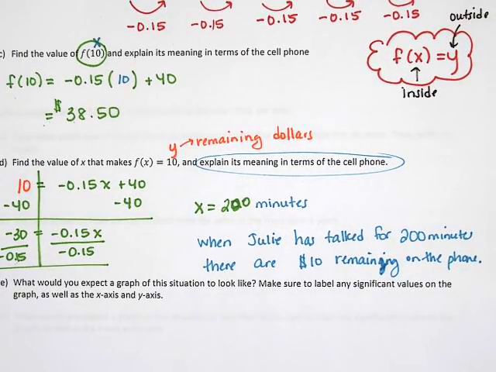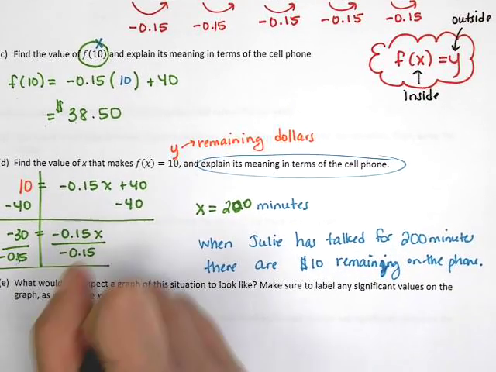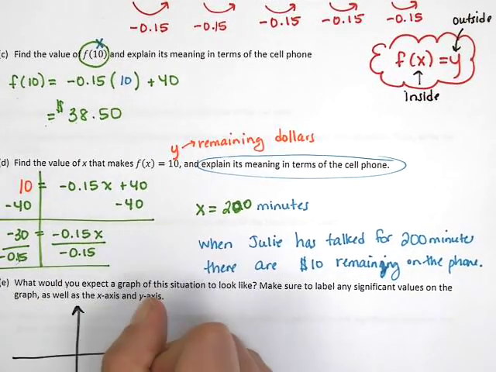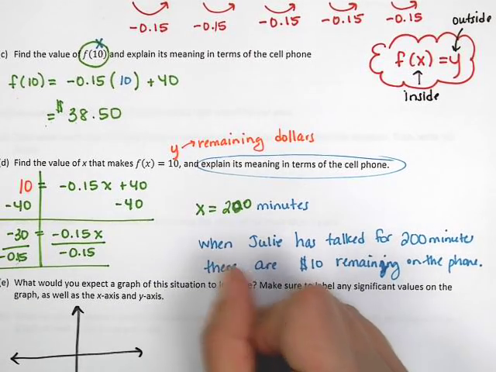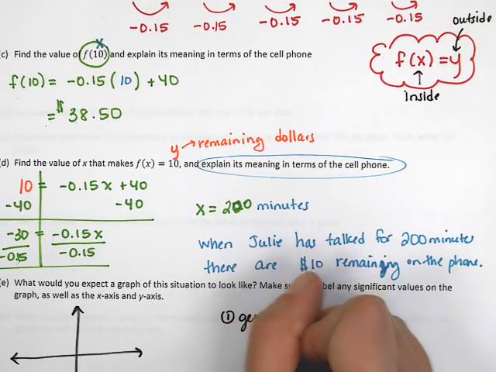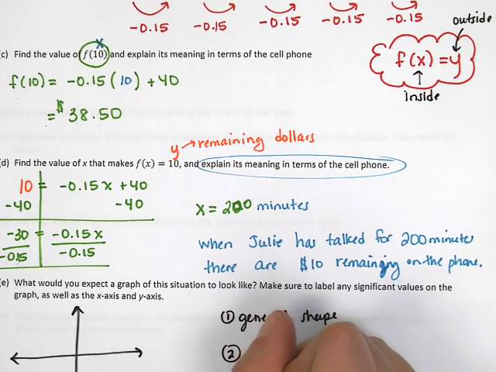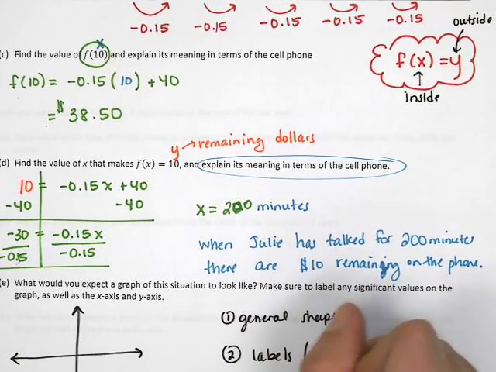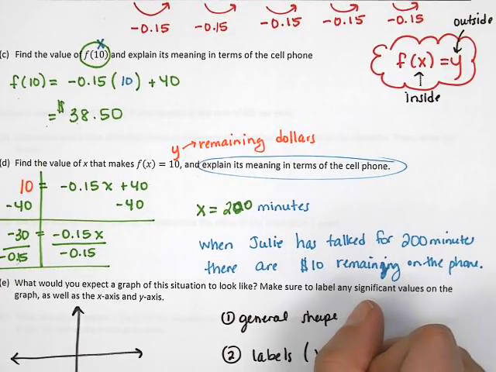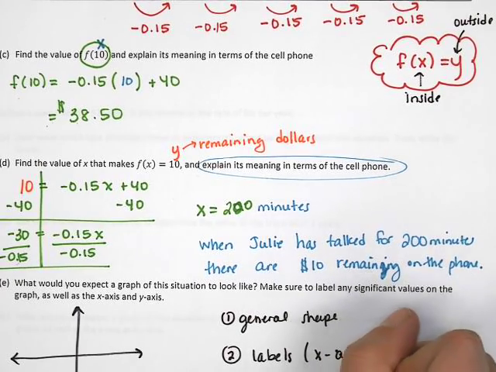Finally, let's sketch a picture of what we would expect a graph to look like. Again, I'm going to look for general shape. I'm going to look for labels on the x and y axis.